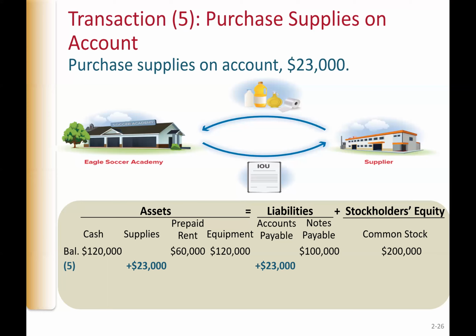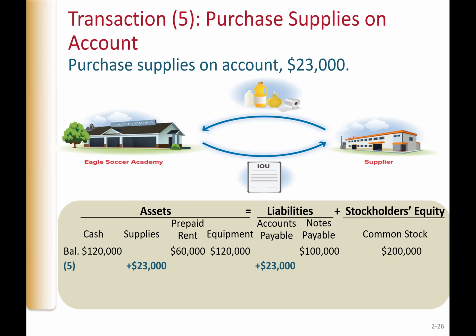So whenever it says we purchase supplies on account, I want you guys to write this down. You know how I said you can always have notes in your quizzes and exams? I want you to know the words purchase on account always mean it's a liability. Okay?